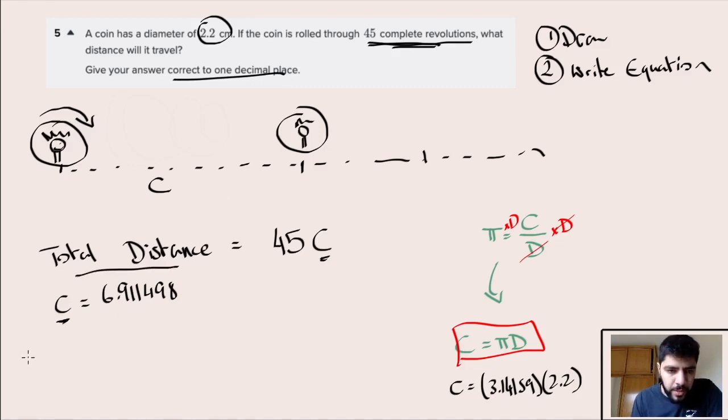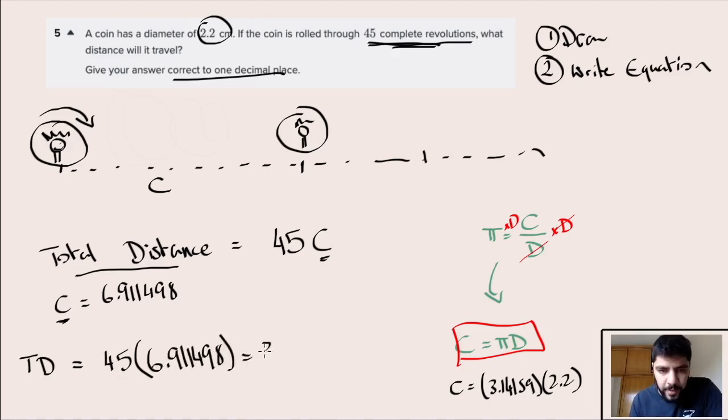So I'm going to call it TD, total distance, equals 45 times C, and I get 311.01741. One decimal place, so we're going to round from here, which means there's a 1, so we round down. So the final answer is 311.0 centimeters.